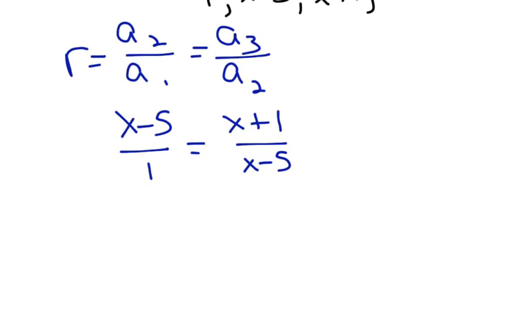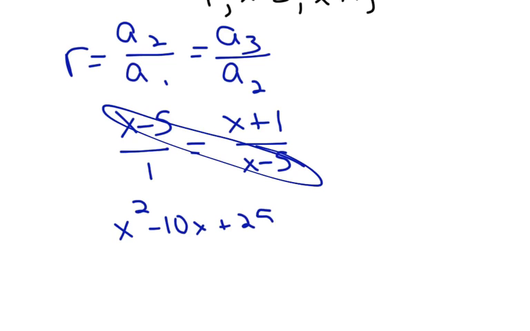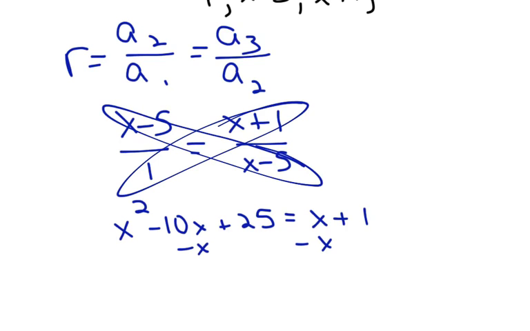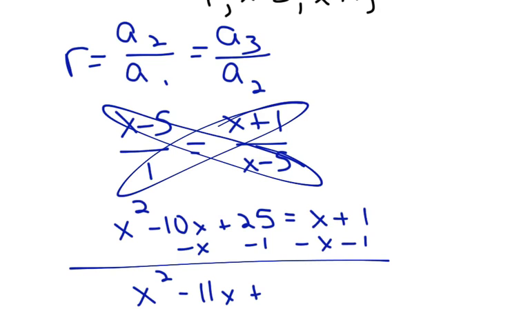You solve proportions by cross multiplying. So I'm going to skip steps. x minus 5 times x minus 5 is x squared minus 10x plus 25. And then 1 times x plus 1 is x plus 1. This is a quadratic equation, so in order to solve it, I'm going to set it equal to 0.